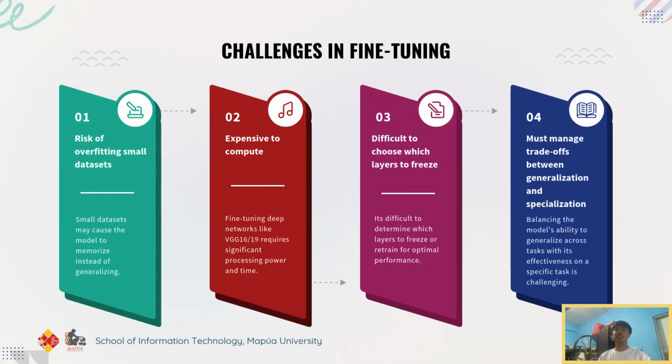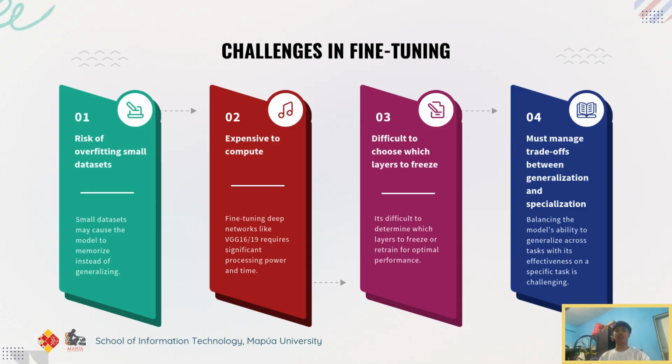What are the challenges in fine-tuning? Fine-tuning deep neural networks involves several challenges, including the risk of overfitting on small datasets, the cost of computing large models, the difficulty in choosing which layers to freeze, and the need to balance between generalization and specialization. Fine-tuning on small datasets can lead to the model memorizing the training data rather than learning generalizable patterns, resulting in good performance on specific examples but poor performance on new data.